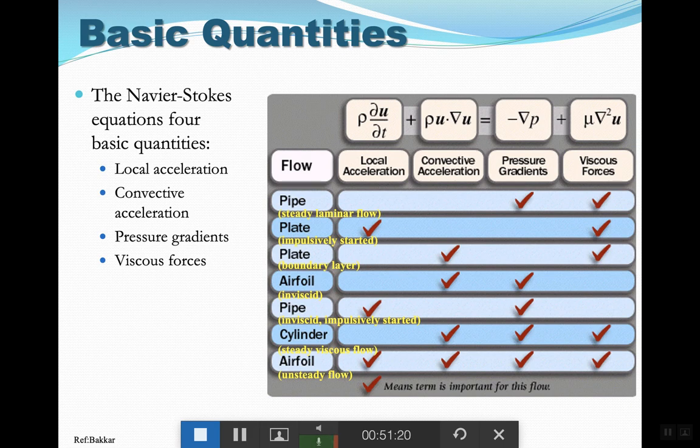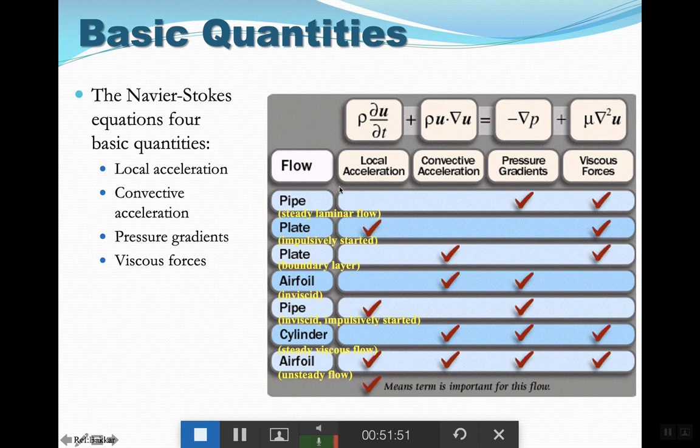So before performing a simulation, you have to have some idea what flow classification you are dealing with. For example, if you have a pipe flow which is steady and laminar, since it's steady, you don't have time dependency, and since it's laminar, which means the velocity is very slow, the convective term is also negligible. So the only two terms you are solving are the pressure and the viscous forces.